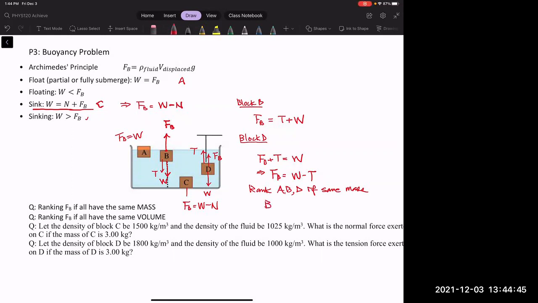It's block B. Block B is T plus its weight. The next one will be A, and the next one will be C. Oh, the last, why do I write the D? Okay, yeah, this one will be D.